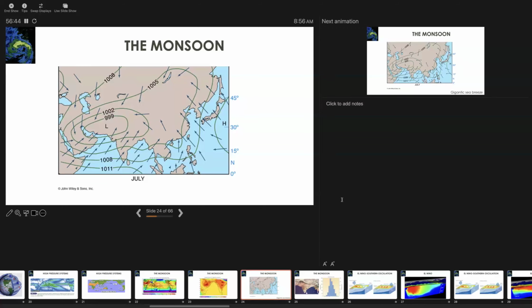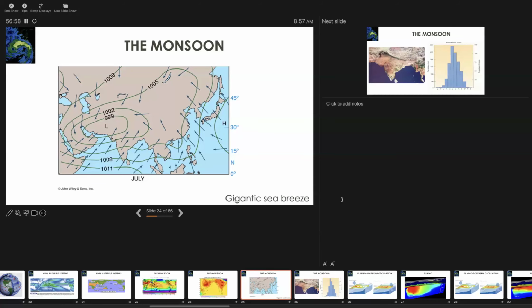So the monsoon technically is this dramatic seasonal shift in precipitation that occurs over the Indian subcontinent because all of this moisture can then move from the Indian Ocean onto the Indian subcontinent. And so, this is not technically correct, but it's a good way to think of it.